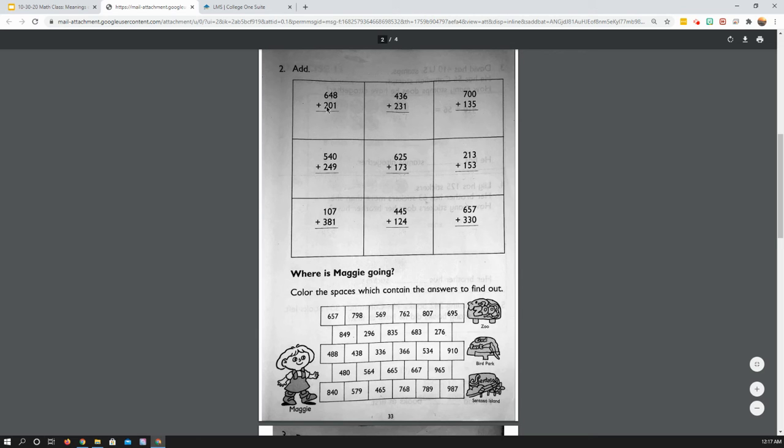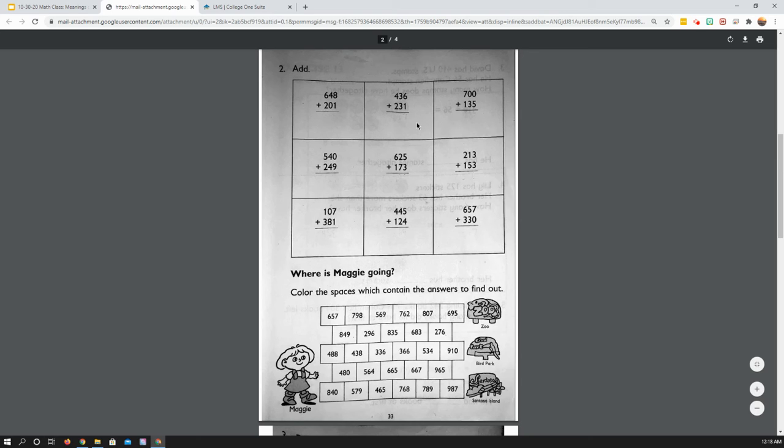And 6 plus 2 equals how much? 6 plus 2 equals 8. So you have 849. I don't think I can write on this, but that is the answer for this one.